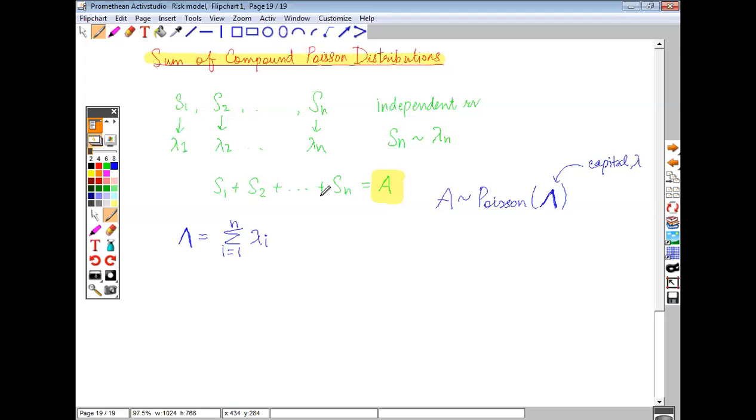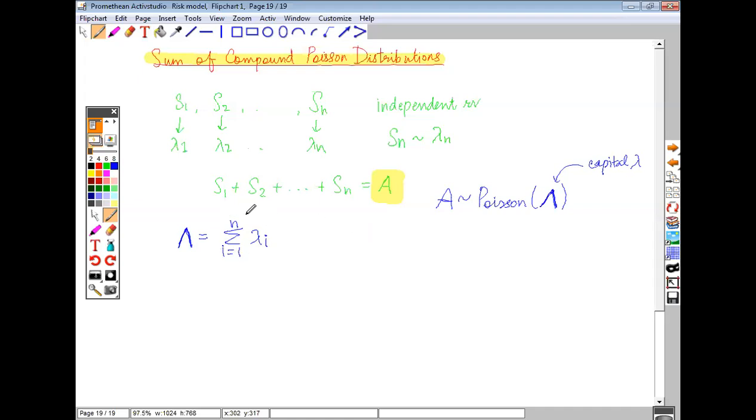And now I'm just generalizing it and saying that this is how I denote my capital lambda, which is just instead of summing up 2, we are summing up n. So instead of having lambda 1 plus lambda 2, I have lambda 1 plus lambda 2 up until lambda n.